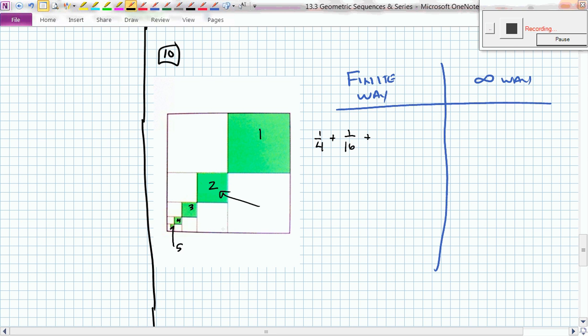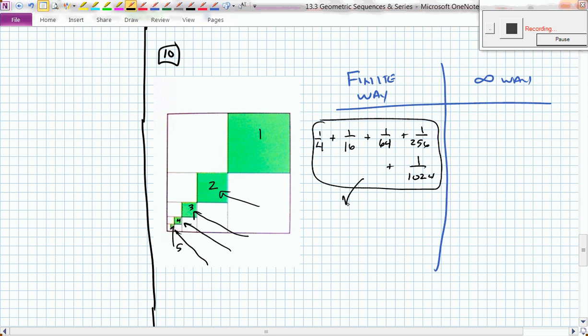What's the next term? 1/64th, right? No. Isn't it 1/32nd? Oh, yeah. Well, the next one, 256. And then this one, 1/1024. And then we're going to add those all up, right?